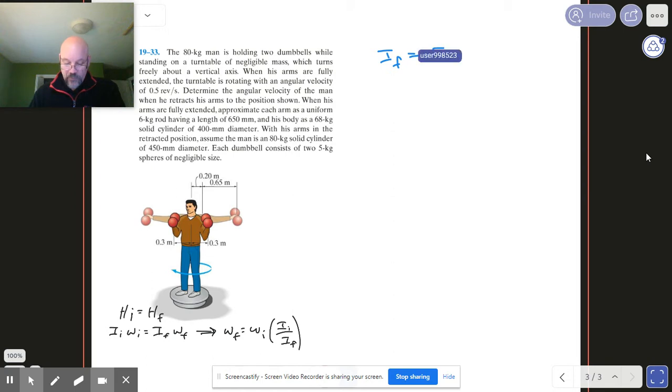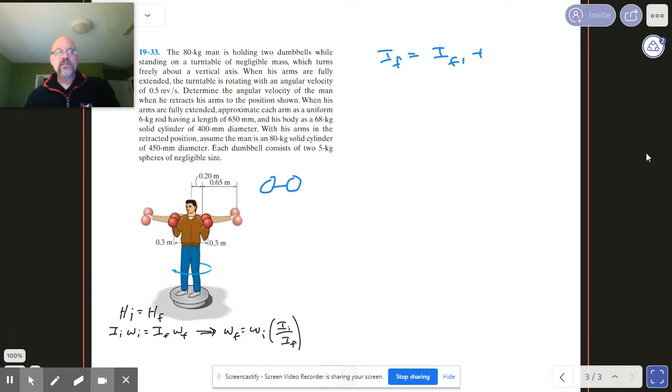which is a particular moment of inertia. So I tell you what, I'm going to call that, well, I'll call it I final 1. Okay, and then plus the moments of inertia of the dumbbells. Okay, now each of these dumbbells has 2 spheres, just like this.